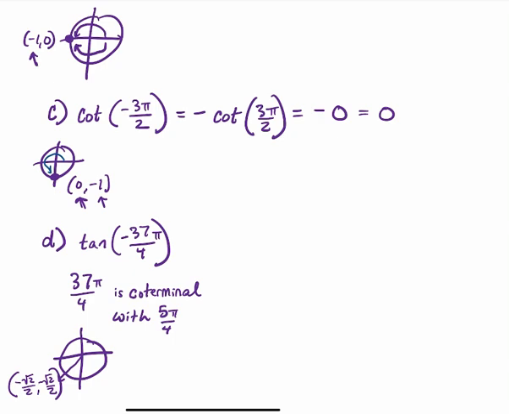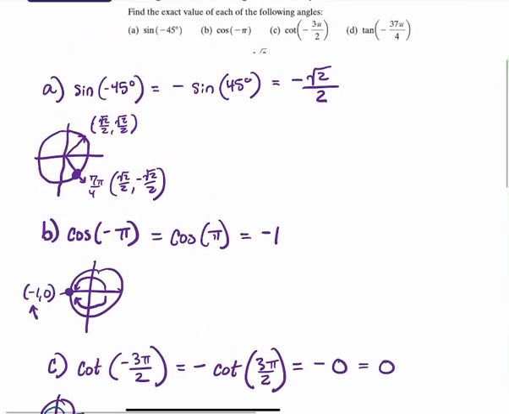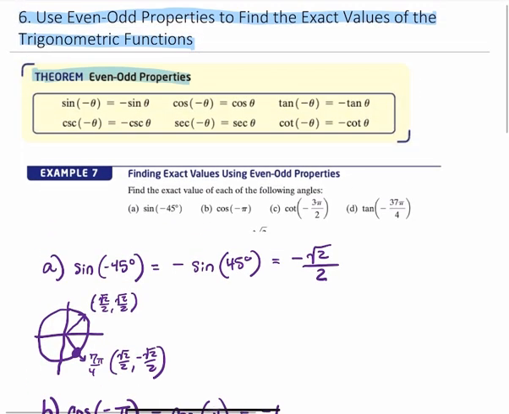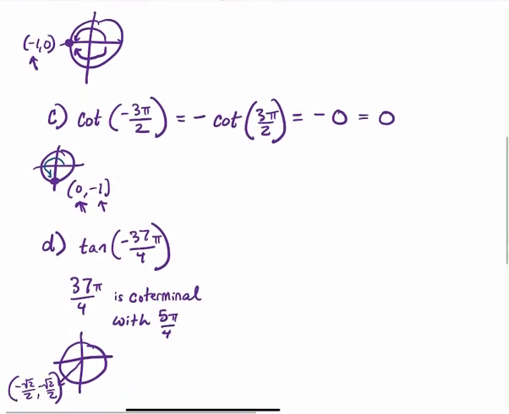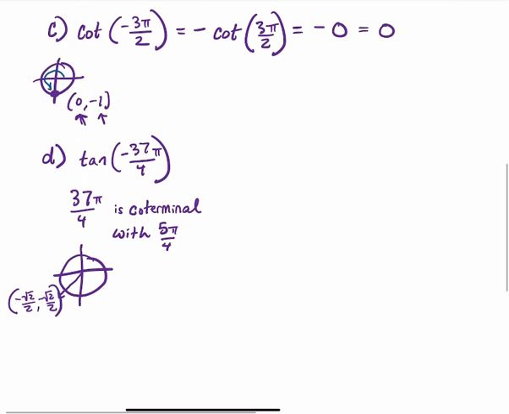So if we're using specifically this even odd property, it said earlier that the tangent of a negative angle is equal to the negative version of the tangent of the positive angle. So we can say the tangent of negative 37 pi over 4 should equal negative tangent of positive 37 pi over 4.